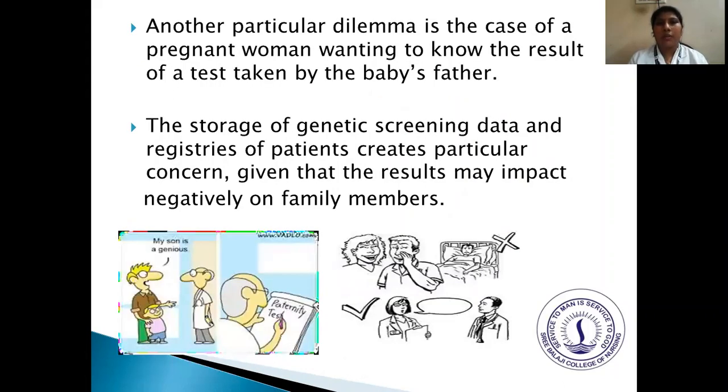Another particular dilemma is the case of a pregnant woman wanting to know the result of tests taken by the baby's father. The shortage of genetic screening data and registries of patients creates a particular concern, given that the results may impact negatively on family members.